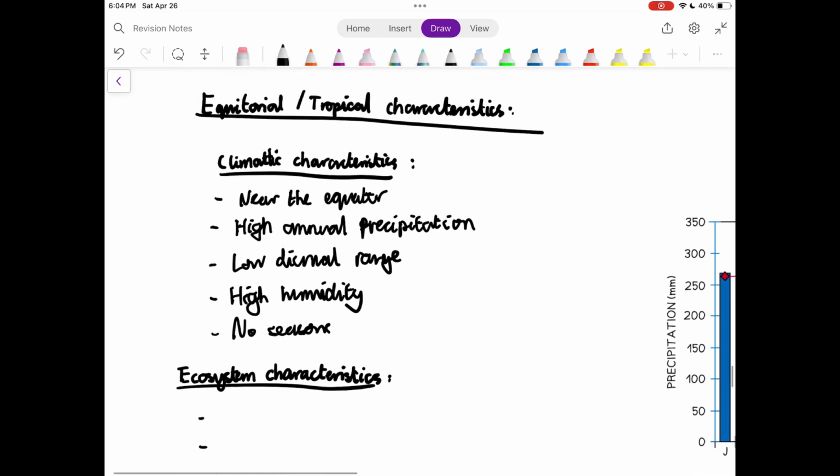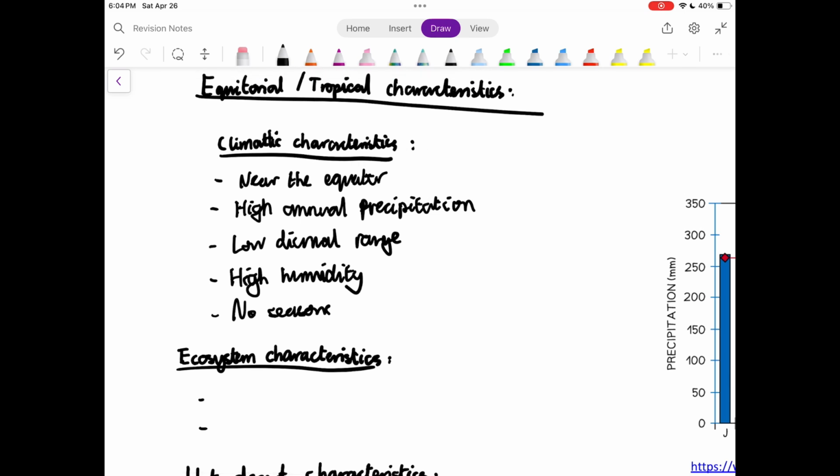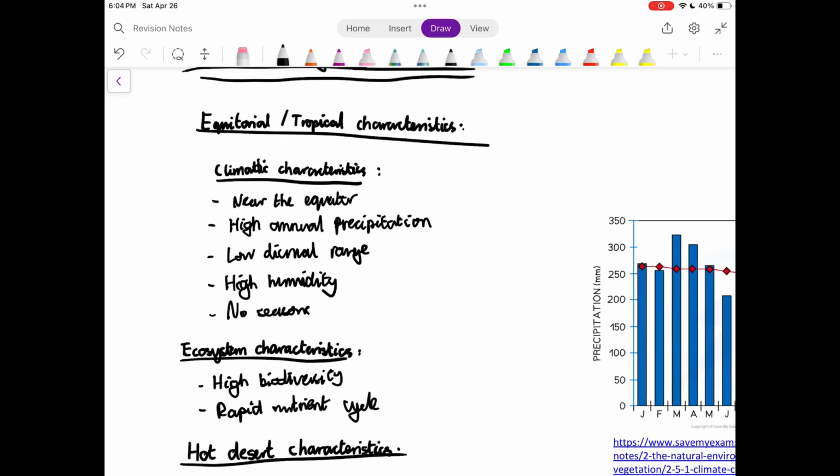And now we're going to be looking at the ecosystem characteristics of tropical climates. So there's a high biodiversity and also a rapid nutrient cycle. This is because of the high rainfall and temperatures, so nutrients are rapidly cycled throughout the atmosphere, and the plants and all the organisms that live in these equatorial climates.